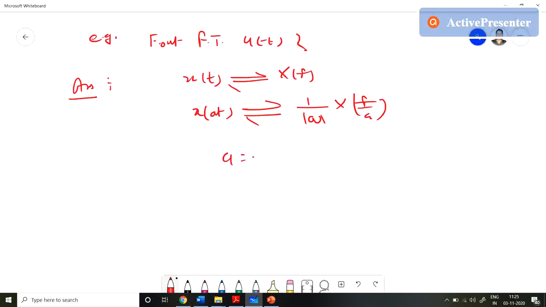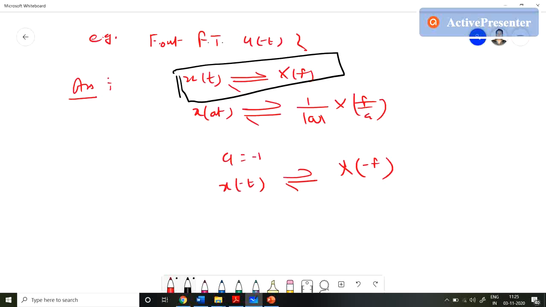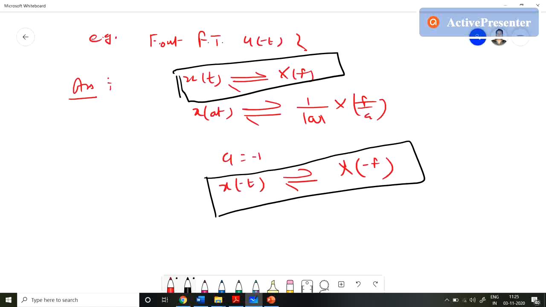If we take a equal to -1, then the Fourier transform of x(-t) is X(-f). So if x(t) has Fourier transform X(f), then x(-t) has Fourier transform X(-f).